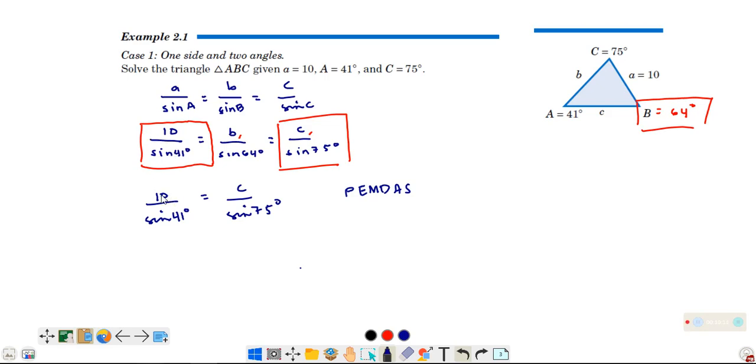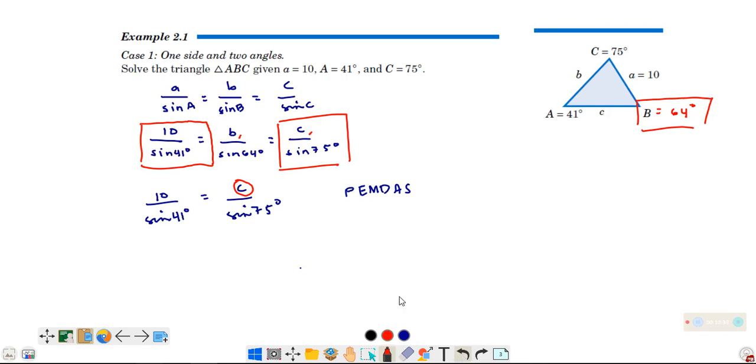So this time, analyze natin, paano natin makukuha yung value nung nawawalang C. Ito kasi yung nawawala, si C. So, paano natin siya makukuha? Using 10, sin 41, at saka sin 75. So, syempre, katulad nung ginagawa natin sa algebra, we have to separate the variable from the other known values.